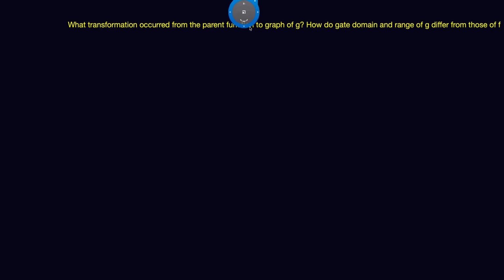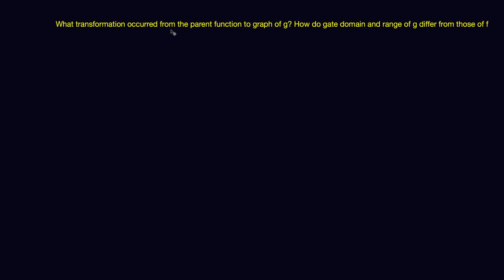Example 2, I need to move this over a little bit. There we go. Example 2 is looking at the transformation given a child function or a transformed function and what that looks like from the original function.